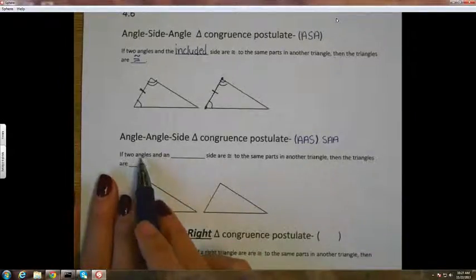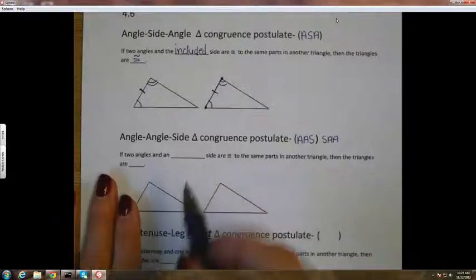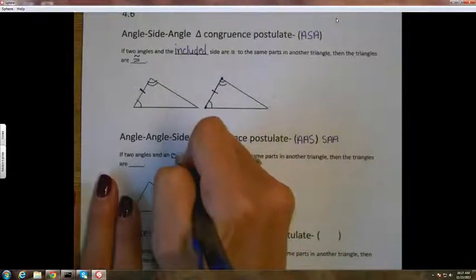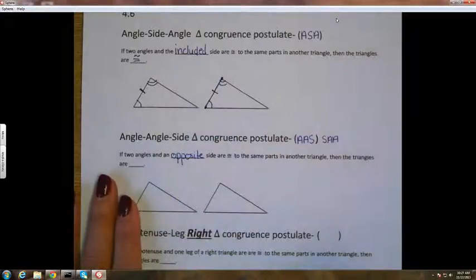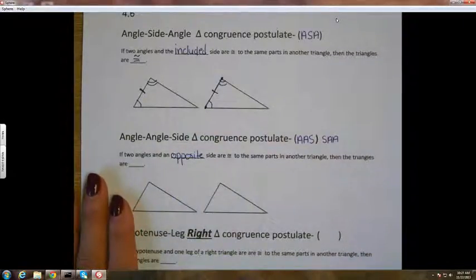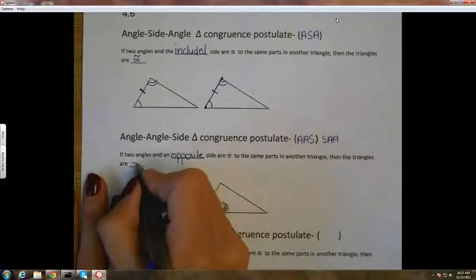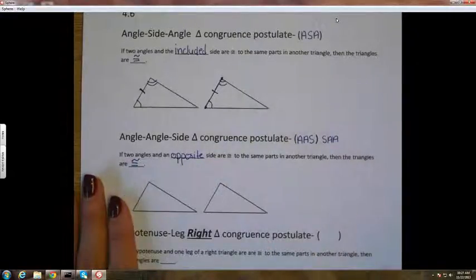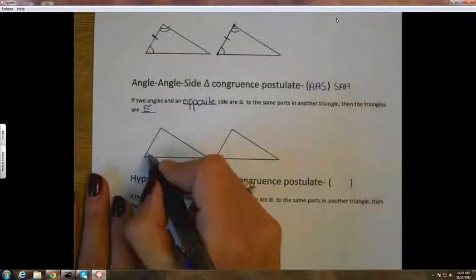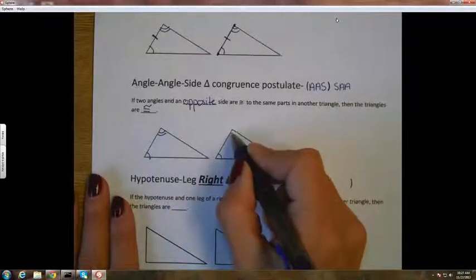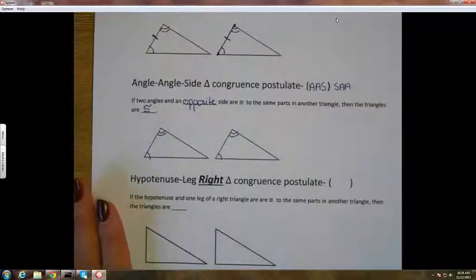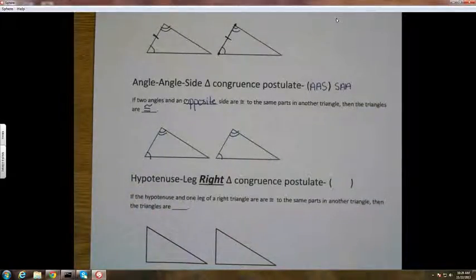If two angles and an opposite side are congruent to the same parts in another triangle, then the triangles are congruent. So let's go with the same two angles that I had up above. Included side meant in between the two angles.